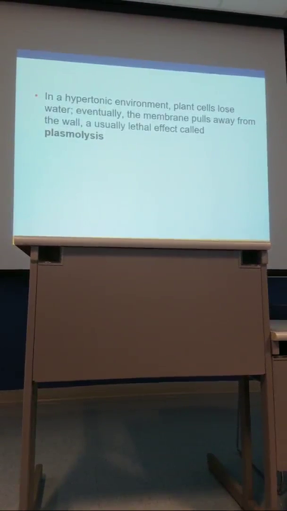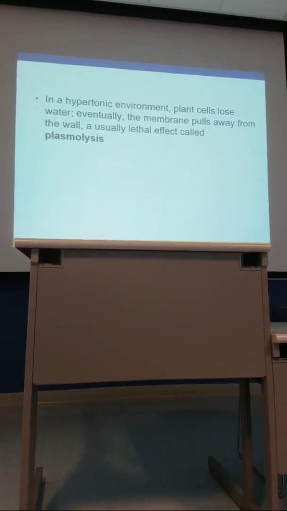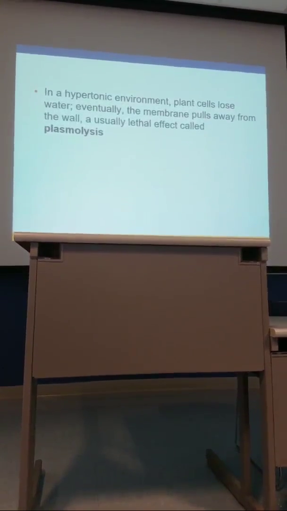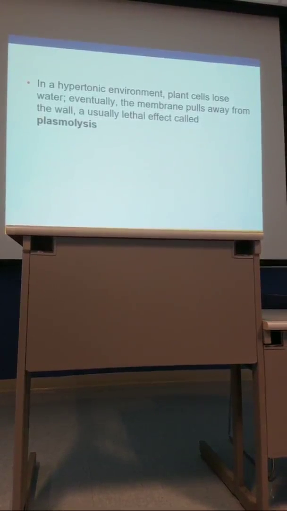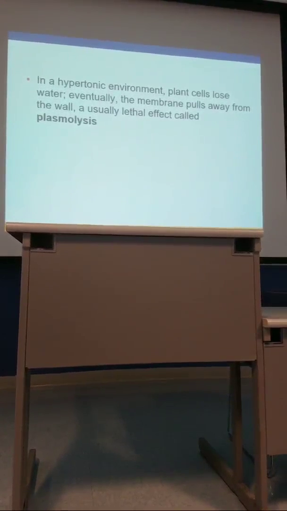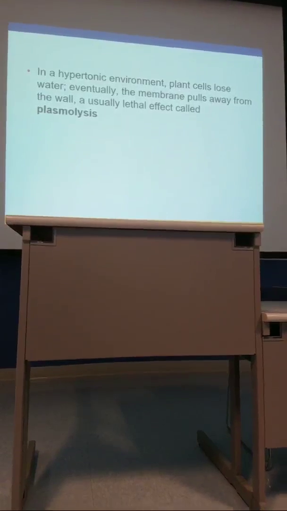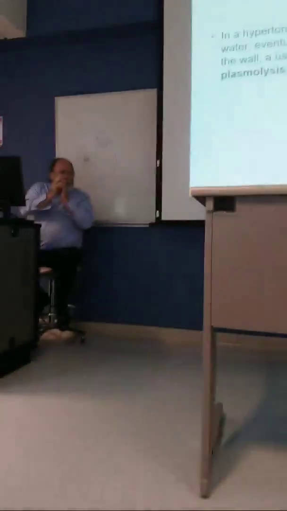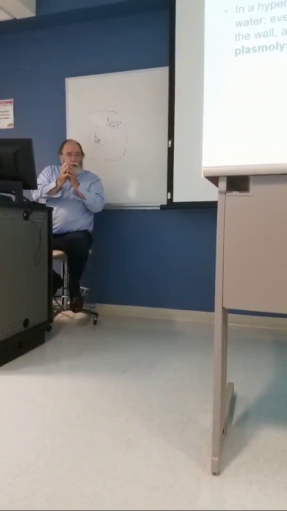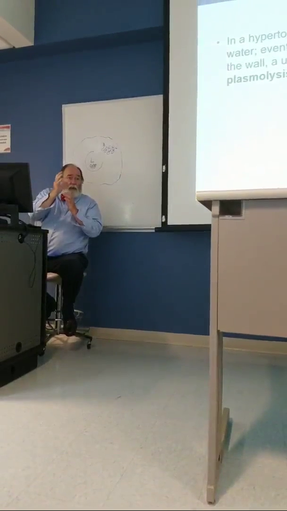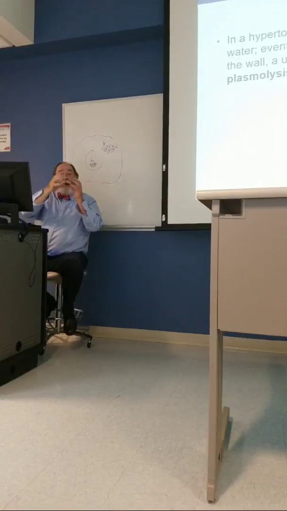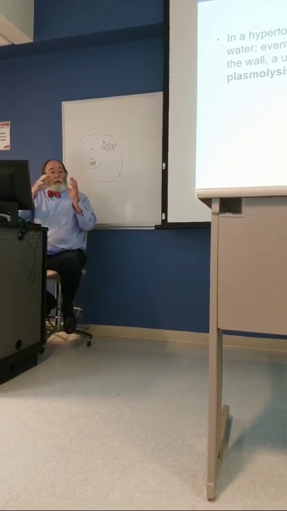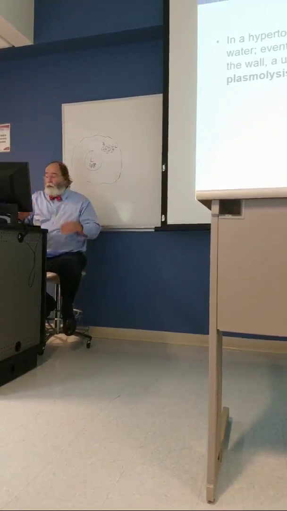And here's the bad thing: if a plant loses water and the membrane pulls away from the cell wall because it doesn't have enough tonicity, that is called plasmolysis, and it will kill the plant. When the membrane pulls away that far, it's not going to recover. Sometimes the plant starts to wilt, you add water, and it pops back up almost in front of your eyes. The membrane is not pulled apart. So different plants can go to different extents.